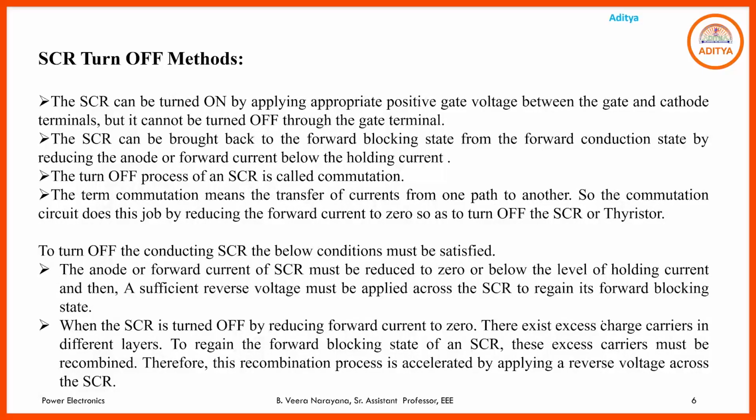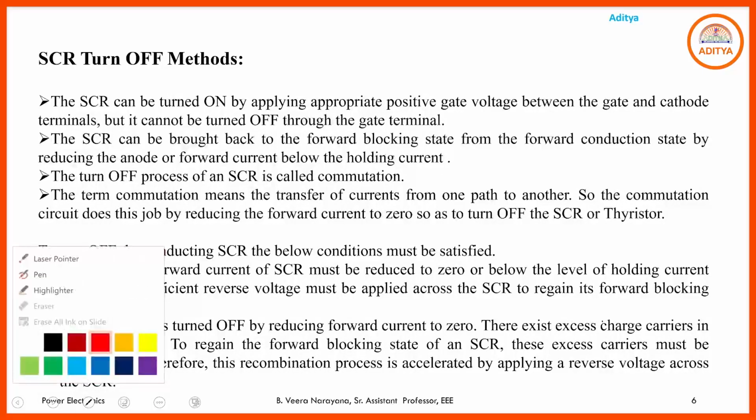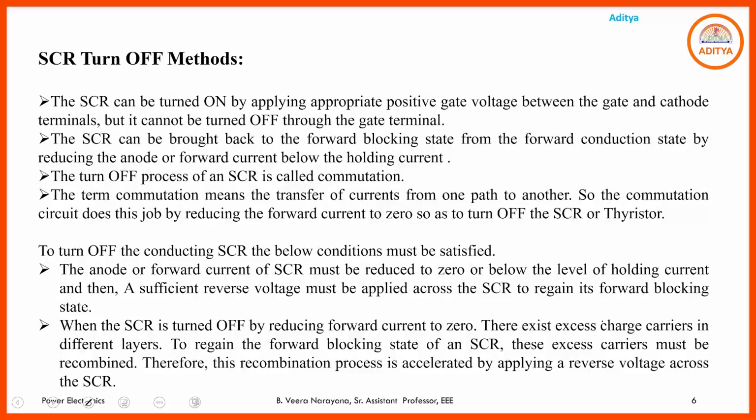The term commutation means the transfer of current from one path to another. The commutation circuit does this job by reducing the forward current to 0 or below the holding current to turn off the SCR.